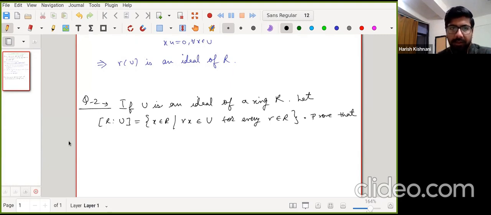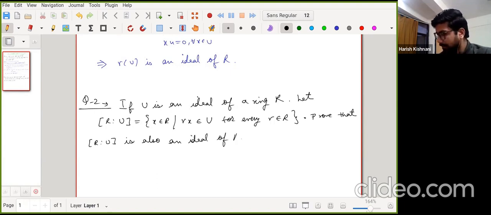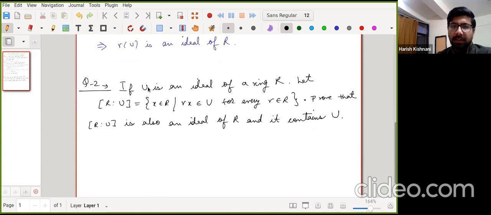Prove that R_U is also an ideal of R, and it contains U. Okay, so if you are already given an ideal, then you can construct another ideal which contains that ideal.